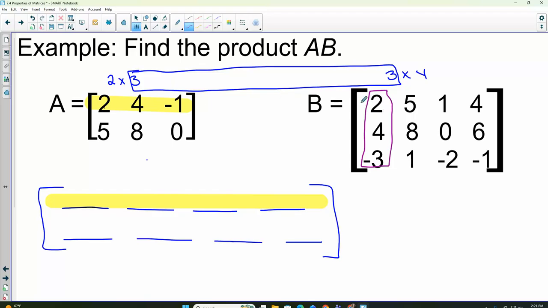So 2 times 2 is 4. 4 times 4, 16. Negative 1 times negative 3 is 3. You multiply those 3 things, you add them all together to get 23. So my first entry is a 23.